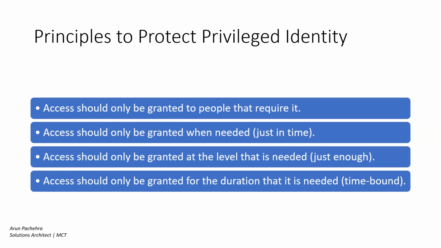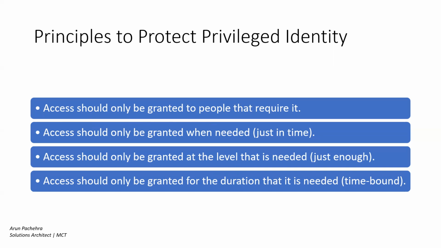So let's see these principles first. Access should only be granted to people that require it. Least privilege principle, we know that. We always fulfill it. Doesn't matter whether it's privileged or we are doing PIM, we always do that. Access should only be granted when needed, just in time. There we go. It's a good feature.